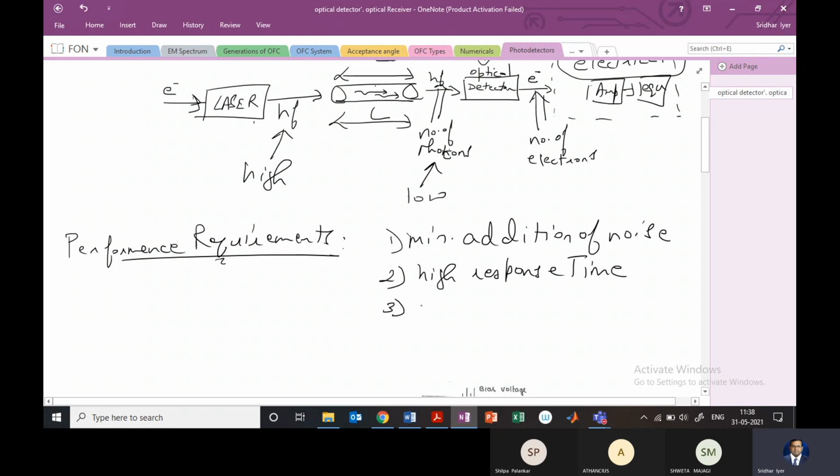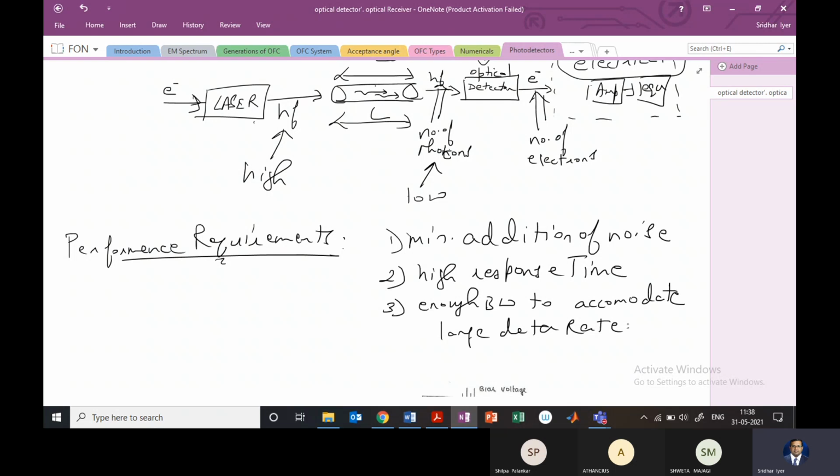Another thing that we need is it should have enough bandwidth to accommodate a large data rate. Why? Because the fiber is providing us very high bandwidth. So this photodetector should also operate over a range of frequencies so that we can get this high data rate.